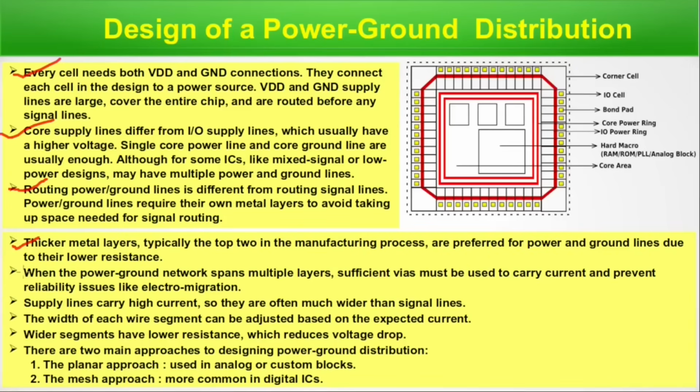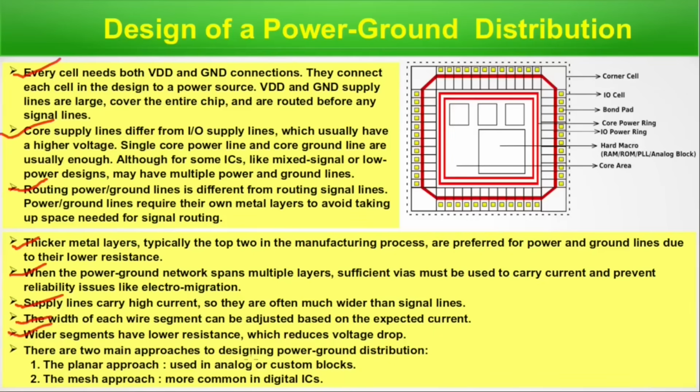When power ground networks span multiple layers, sufficient vias must be used to carry current and prevent reliability issues like electromigration. Supply lines carry high current, so they are often much wider than signal lines. The width of each wire segment can be adjusted based on expected current, that is calculated based on current. Wider segments have lower resistance, which reduces voltage drop.